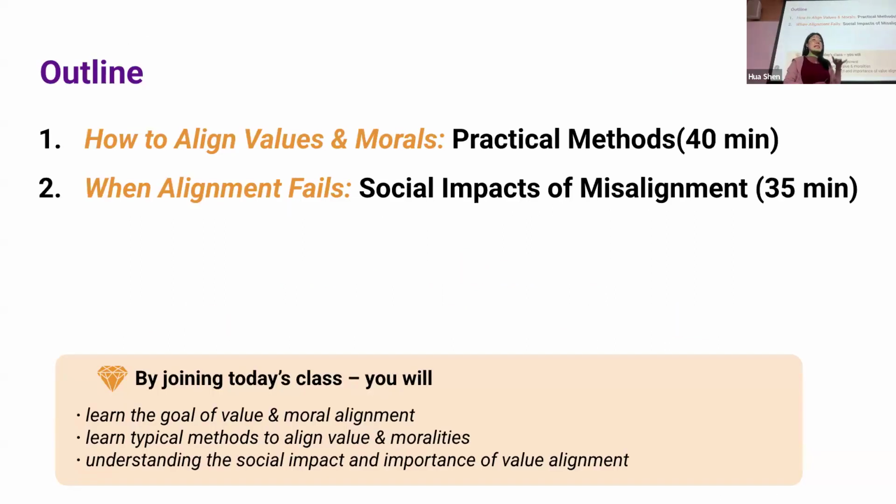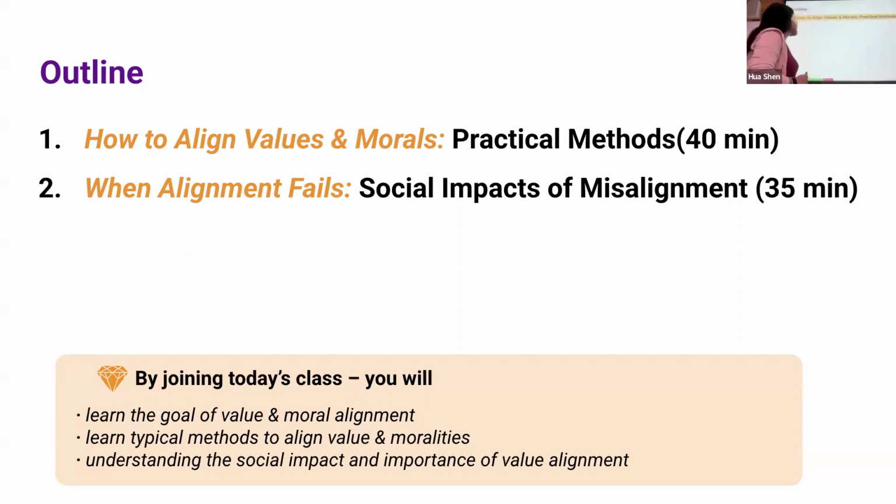We would also talk about when alignment fails, what the social impacts of the misalignment are, and some of the potential harms and risks. So today we only have 2 parts in the outline, but each part would take a longer time because this lecture is more technically heavy, and we would go much deeper into each part.